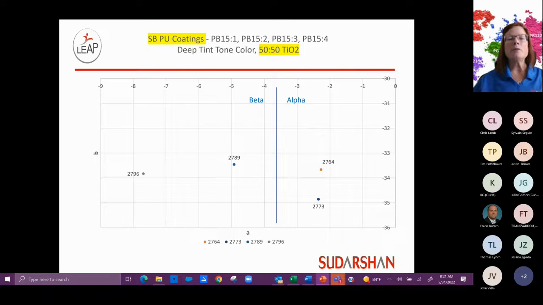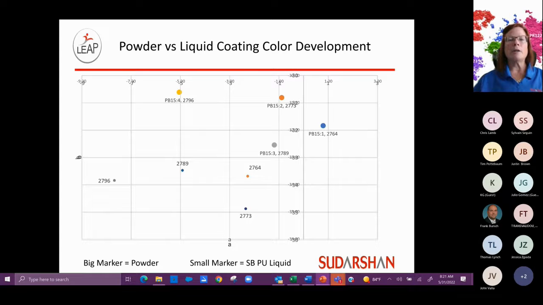If we bring these 2 to the same chart with the same axis legends here, we start to see where the difference in formulation makes with respect to each of these products. So the ones I've highlighted here are the alpha products. The very small markers are the liquid coatings, where the big markers are the powder coating formulations.